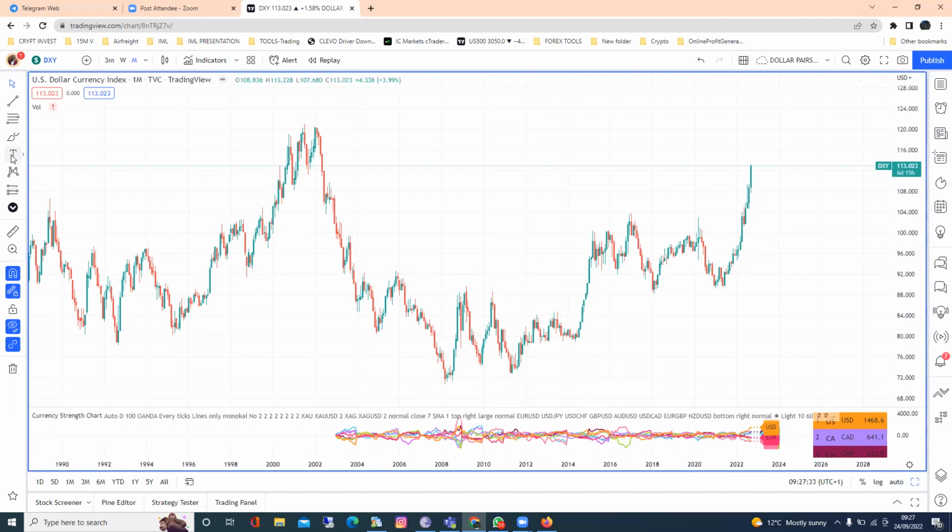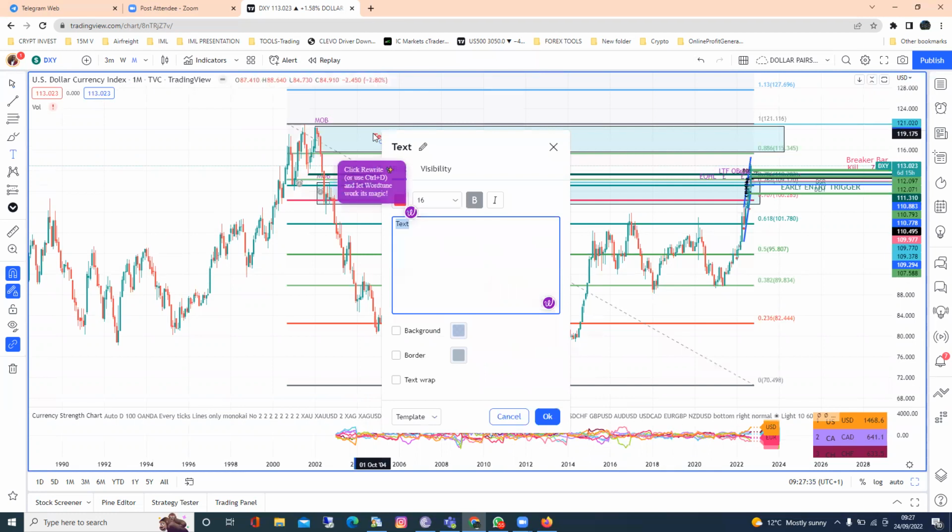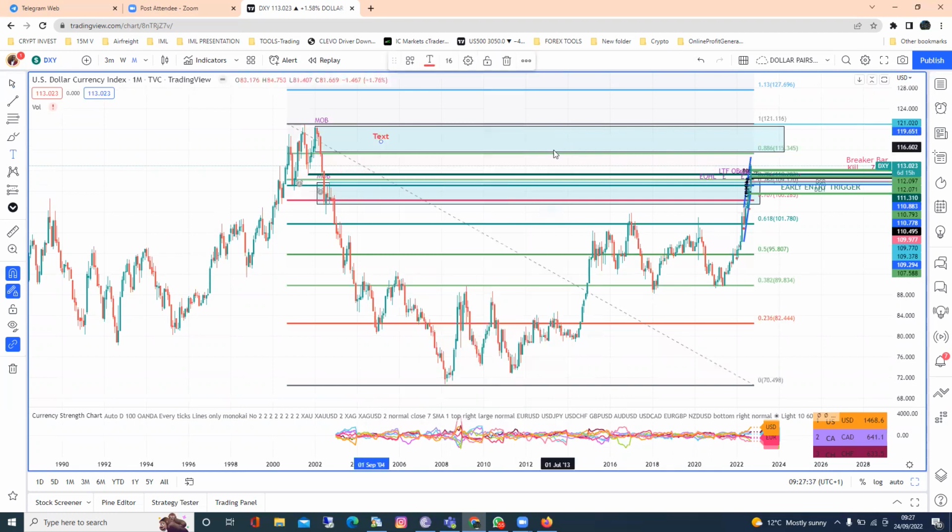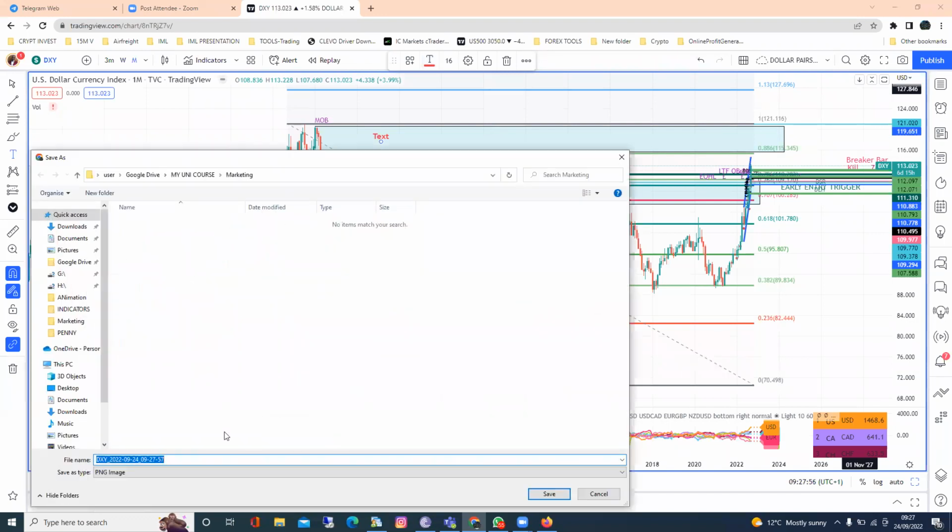The first question that I will ask myself is, okay, so this is a pair that I've done a bit of analysis on. So I'm going to delete that analysis and start from scratch, but before I delete it, let me save the chart image.